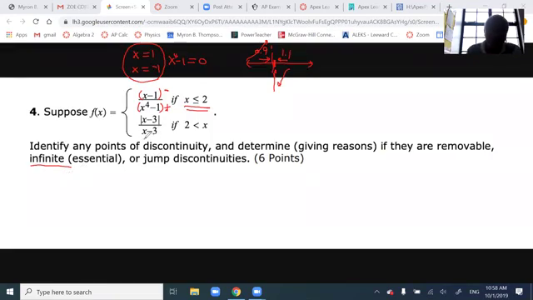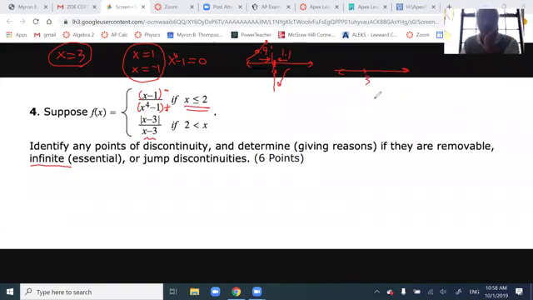Now, there's another one, x equals 3. That's also a discontinuity. You know why? Imagine we go from the left side and approach 3, that would be like 2.9. 2.9 minus 3 is -0.1, so the absolute value is positive 0.1.